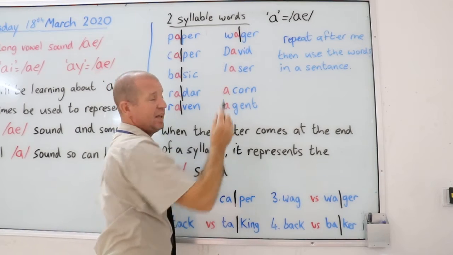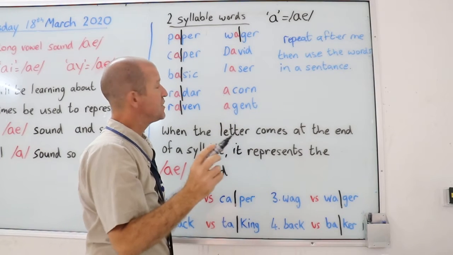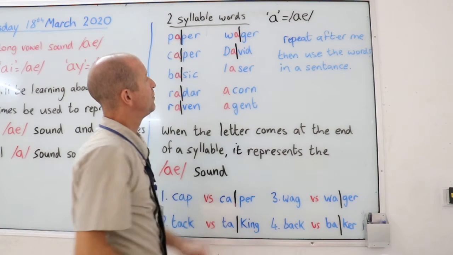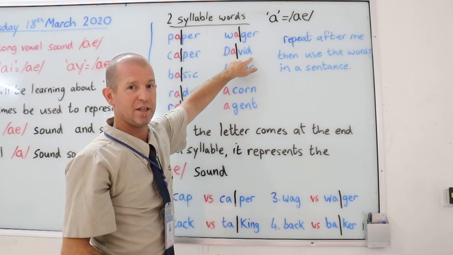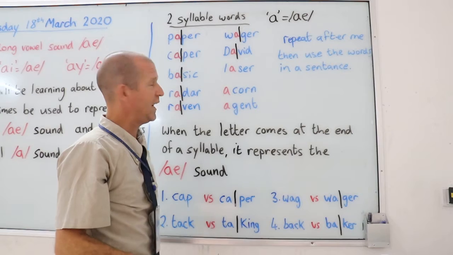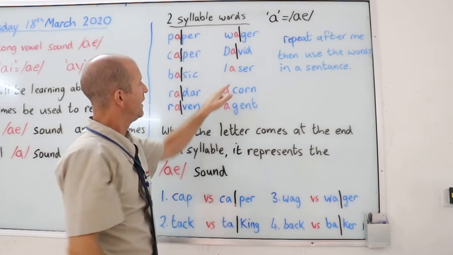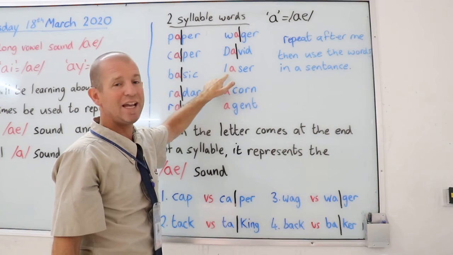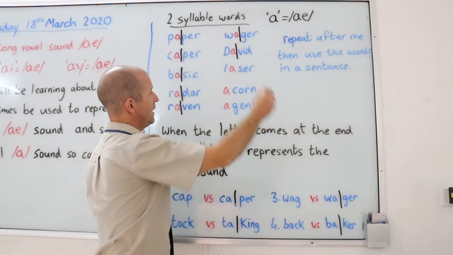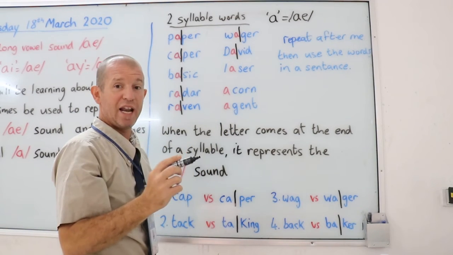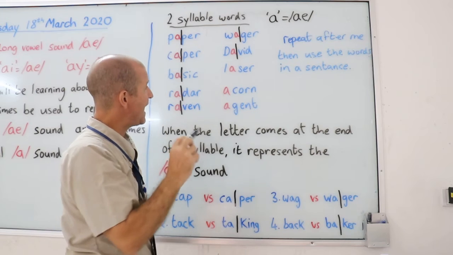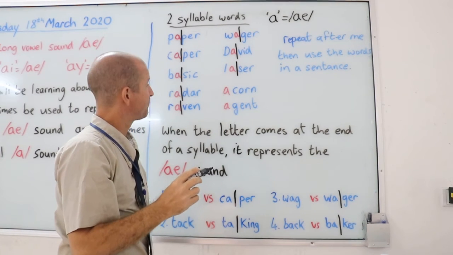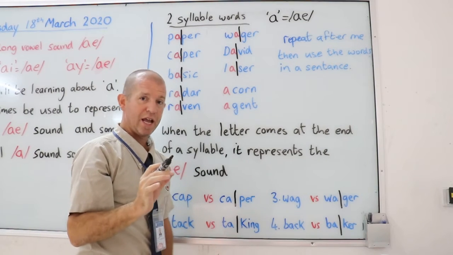Again, the A that's usually an A changes to an A sound because it is at the end of the syllable. David, okay? Now we have laser, laser, laser. Again, the A that is usually an A sound changes to the A sound because it is at the end of the syllable.